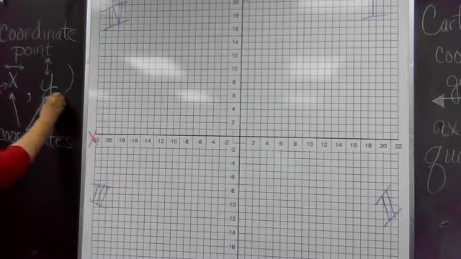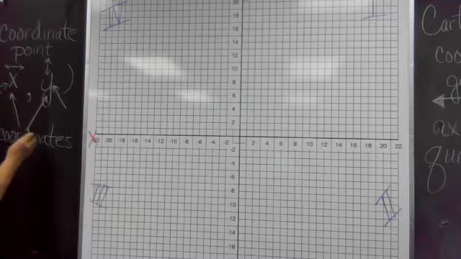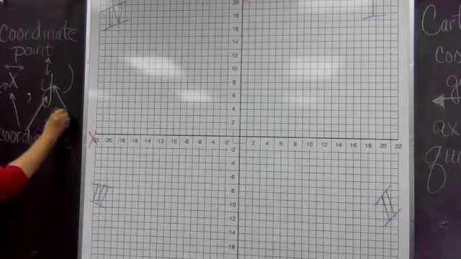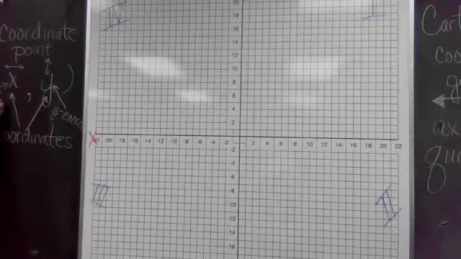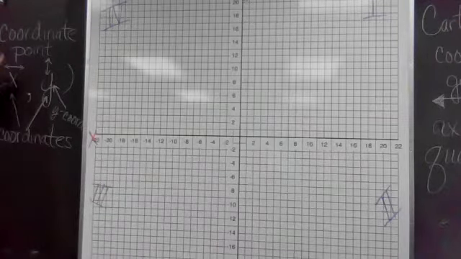And then this one, of course, if they ask, will be the y coordinate. But a coordinate point will always have the parentheses. It will always have a comma. The x value will go first and the y value second. So let's see how this works now.